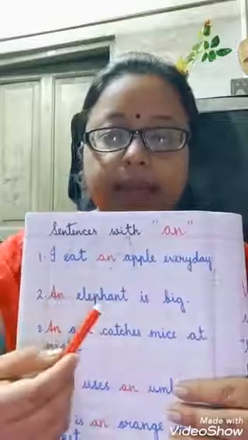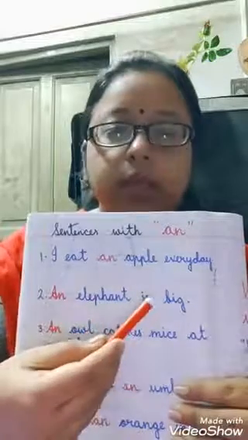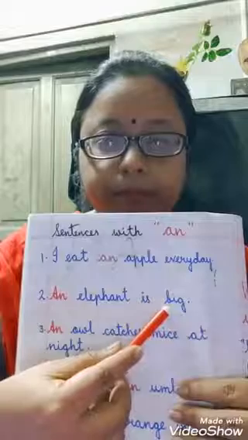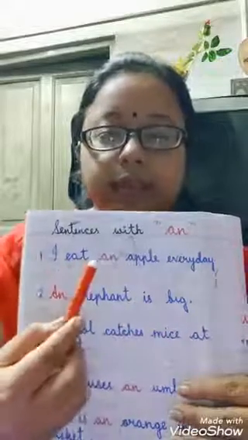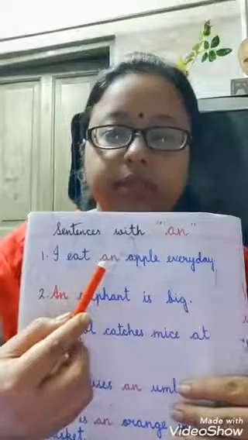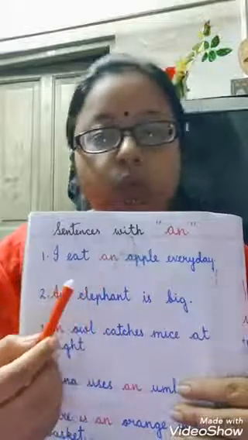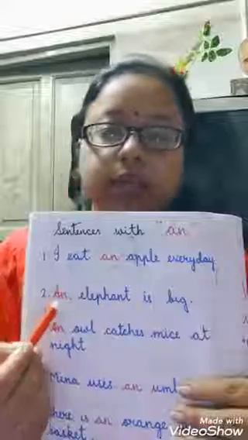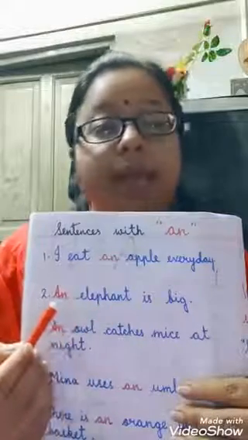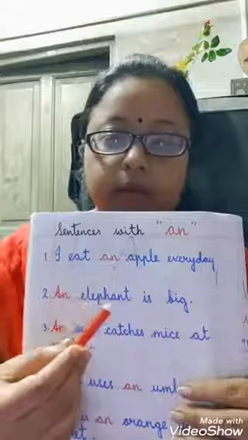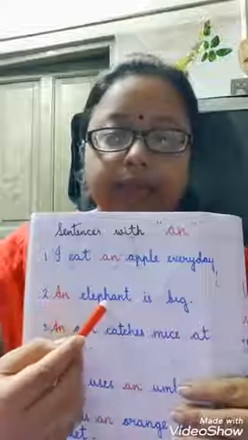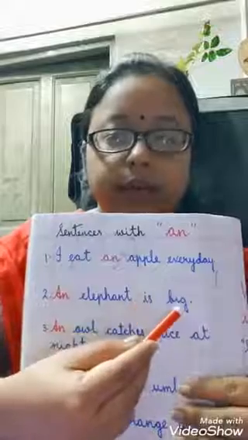An elephant is big. In the previous sentence, we have seen an in the middle, but we can also start a sentence with an. So, an elephant is big.